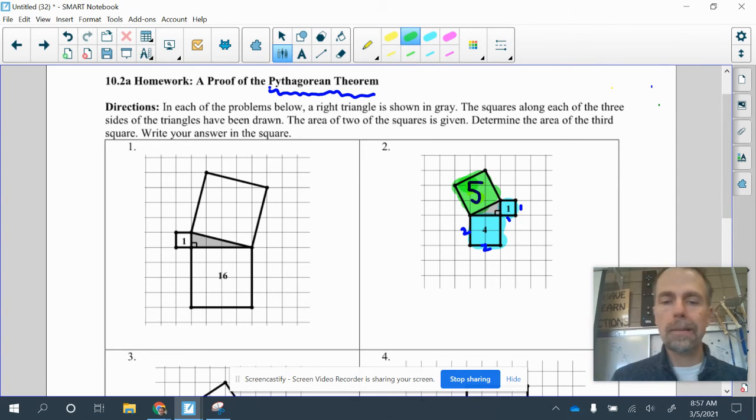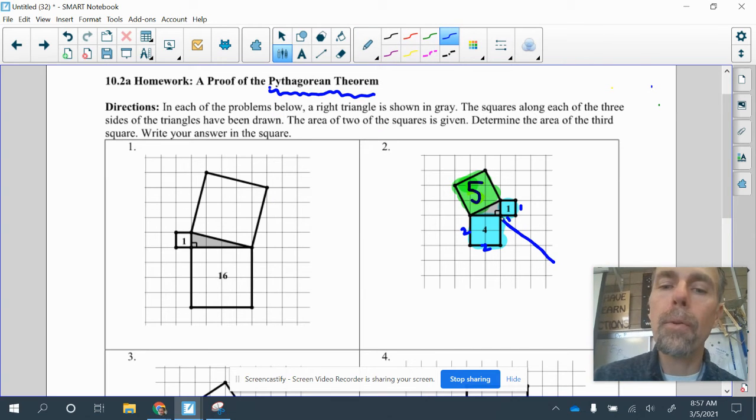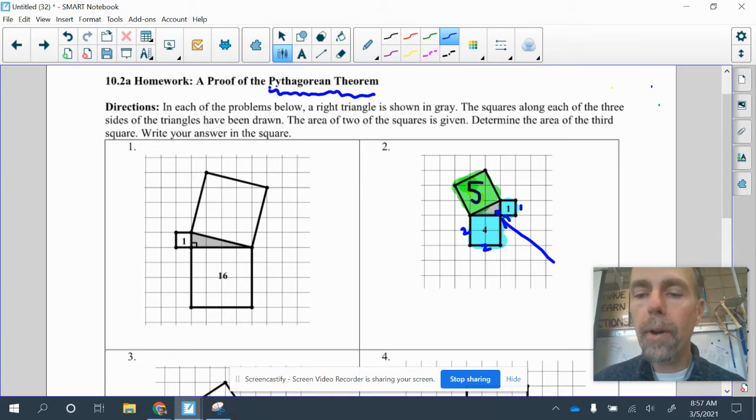So basically, you just add the 2 small squares to get the big square if you have a right angle. See this little square in the corner? If it's a right triangle, the area of the 2 small squares will always equal the large square. Okay?